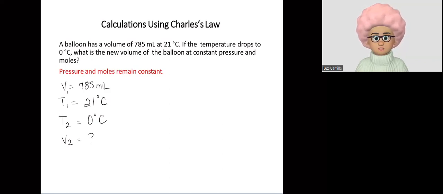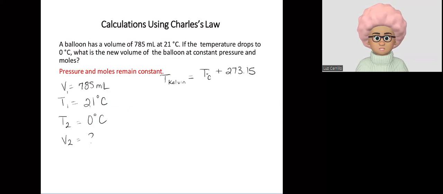So now that we wrote all the information given, because our temperature is given in Celsius, the first thing that we have to do is change those units of temperature all the way to Kelvin. You may remember that whenever we're changing to Kelvin, temperature in Kelvin units equals temperature in Celsius units plus 273.15.